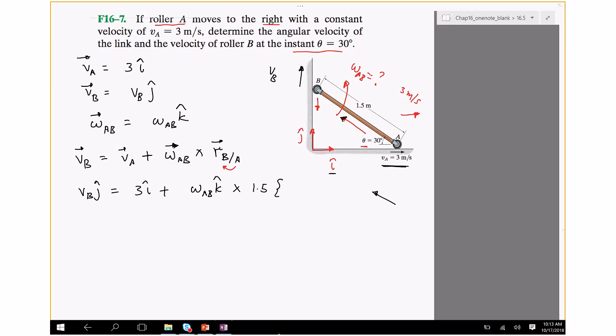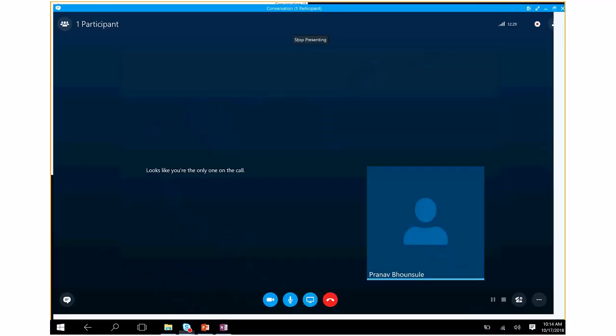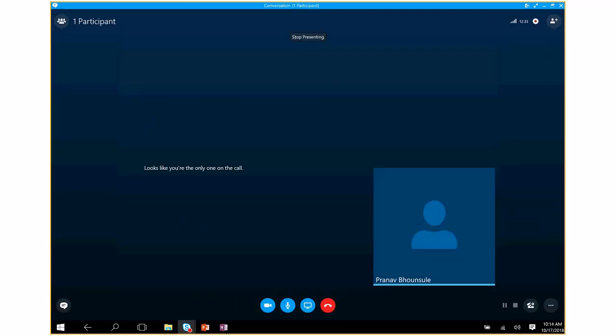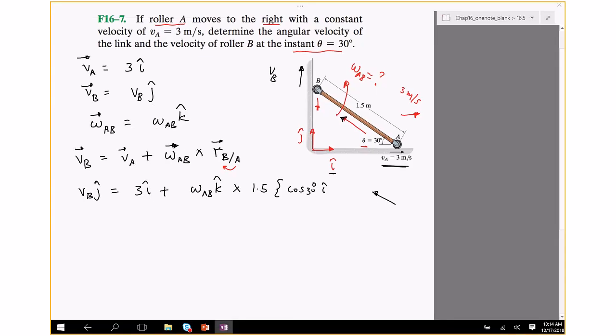So the unit vector in that direction is going to be, I resolve that vector in the x direction, so cosine theta is the component in the x direction.